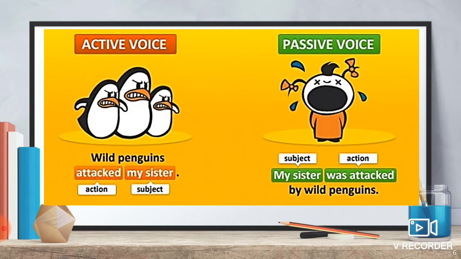In the passive voice, it would be: my sister was attacked by wild penguins. Okay, so this is actually the past simple passive, and we're not going into details on the past simple passive, but this is just an example of how the subject is switched in these two sentences.